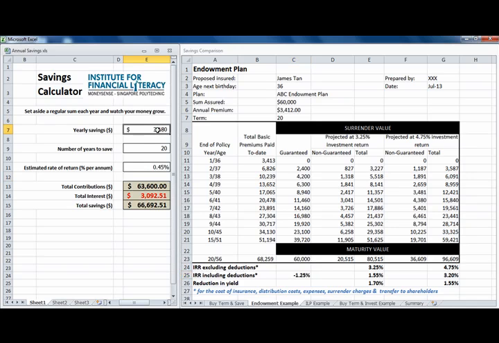Based on $3,412 a year outlay over 20 years and a return of 1.55%, you will get a similar return as the maturity value shown here.